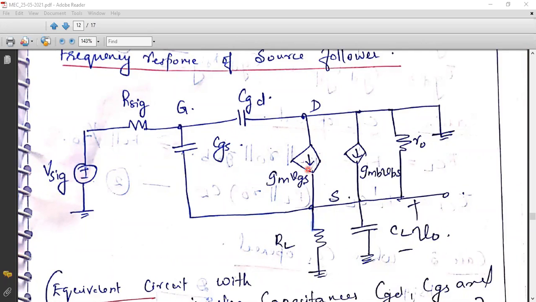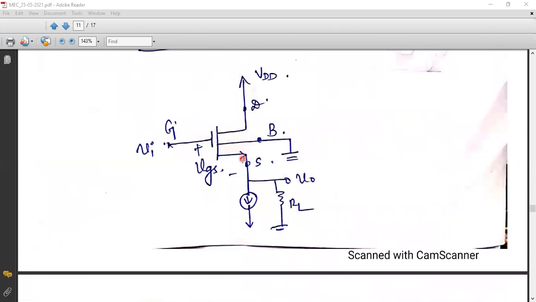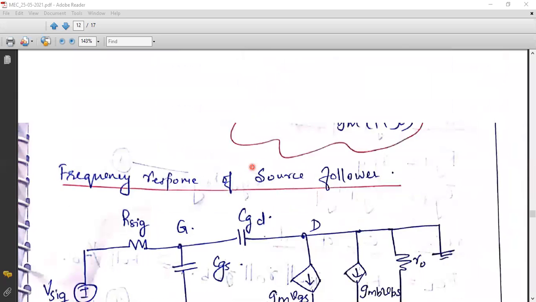Normally we connect only this, but whenever body effect is considered, meaning that rather than tying the body to the source we have grounded it separately, we have an additional voltage apart from VGS, which is the voltage VBS across the body and source.